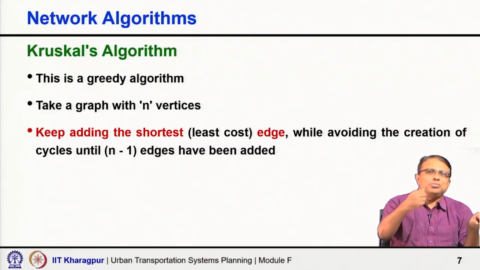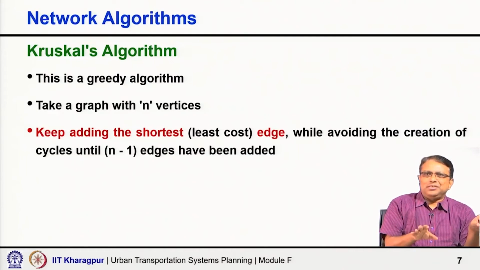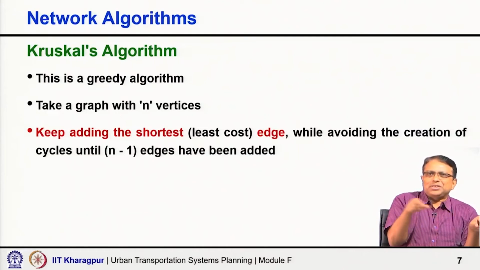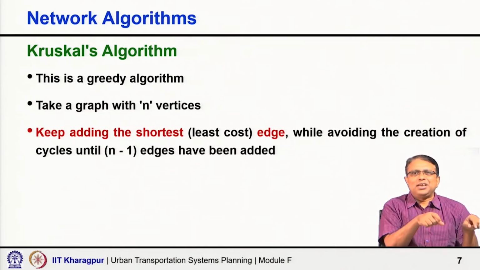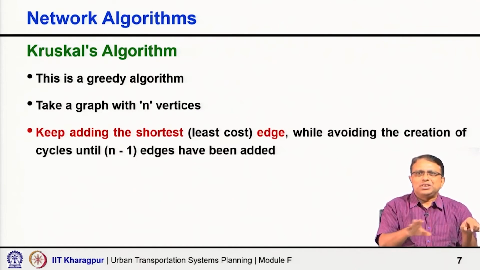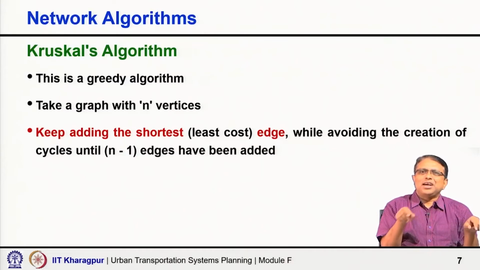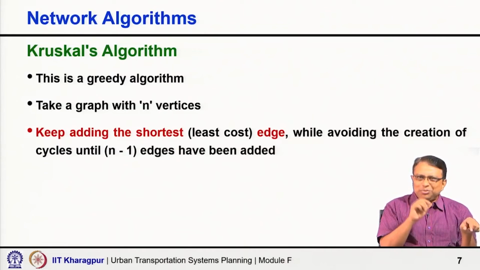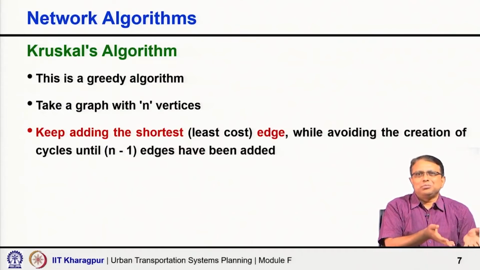If you pick up the next higher cost link and find that it is creating a loop, you do not add it, you reject it. Like that, I will pick up n minus 1 edges or links, and my job is done. I have picked up n minus 1 links to ensure connectivity of n nodes.